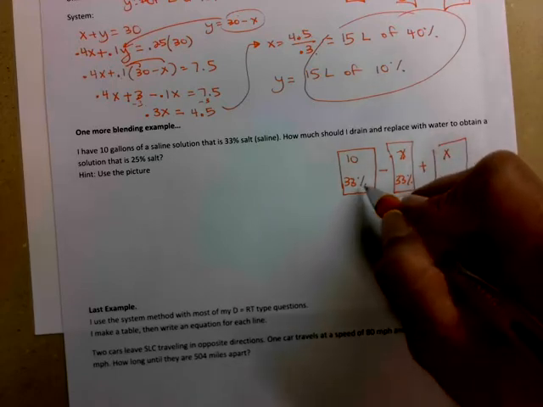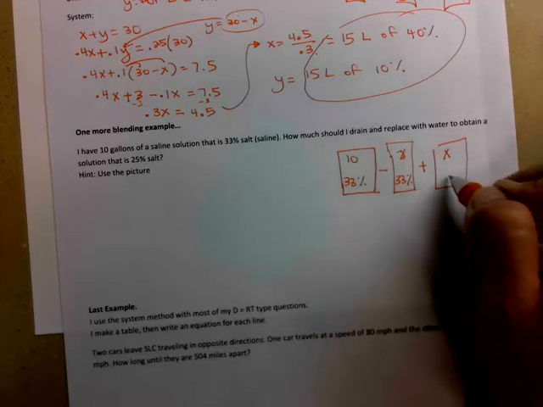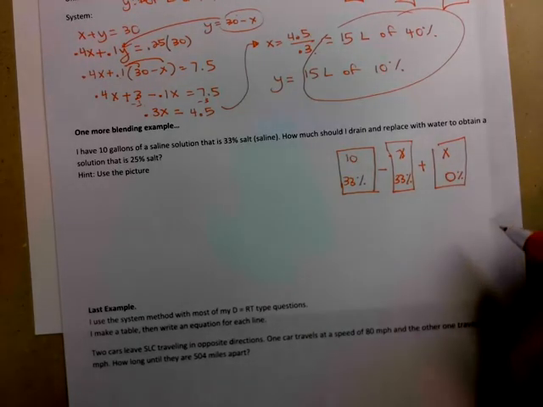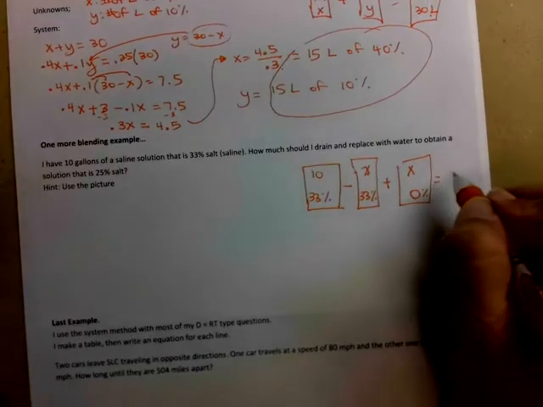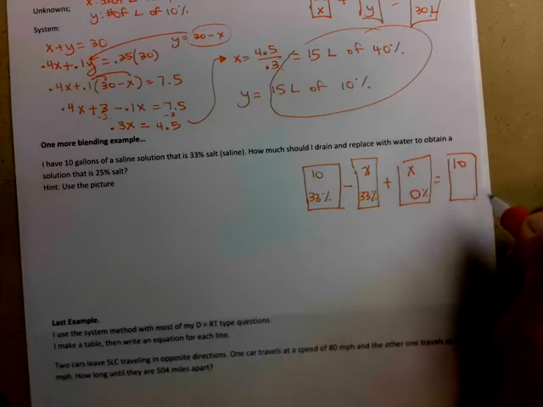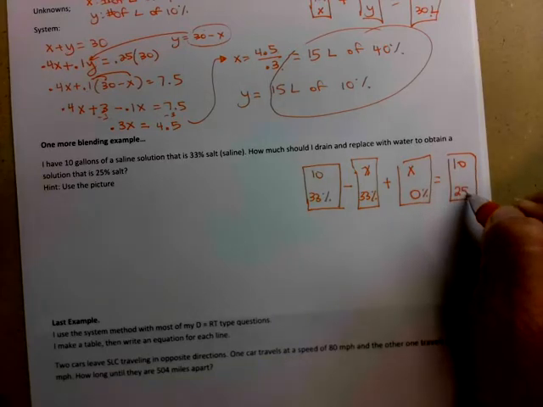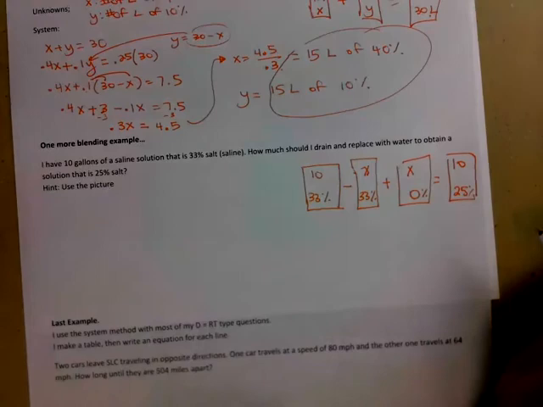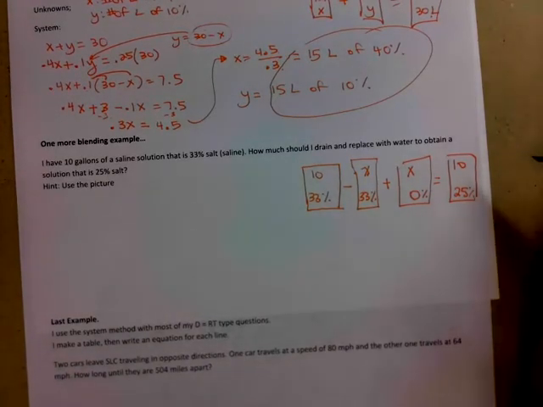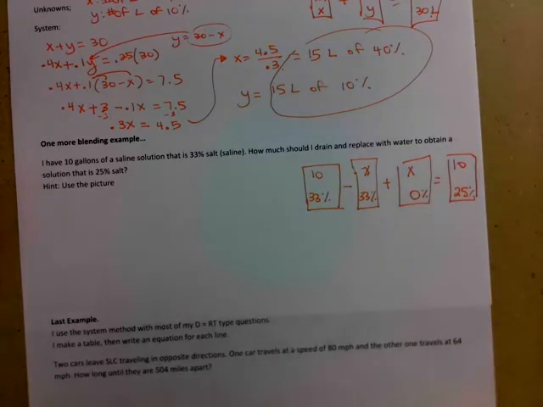So this is a percent saline, percent of the salt. So I'm going to add back in 0% because it's water, to obtain, at the end, back to my 10 gallons, and I want it to be 25% salt. Okay, it's not a system, it's just a straight up equation. Everything is dealing with how much salt I've got going on.